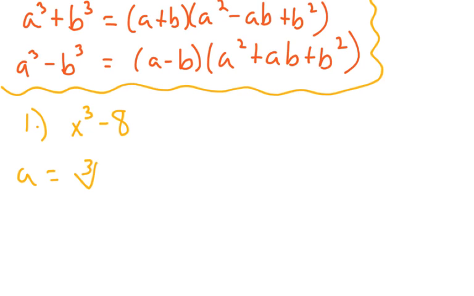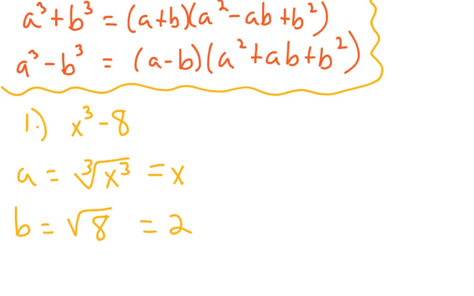Basically these two things cancel each other out, so I'm left with just x. And for b, what is the cube root of 8? What times what times what equals 8? Well, that's 2. So I have my a and I have my b.